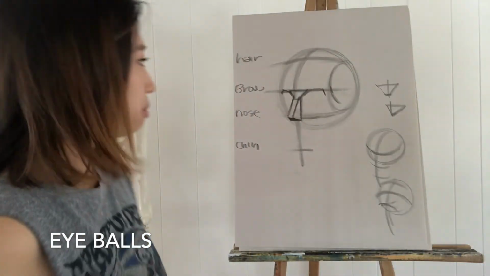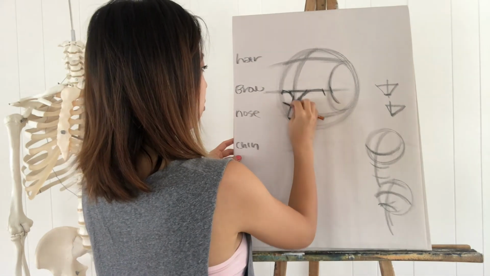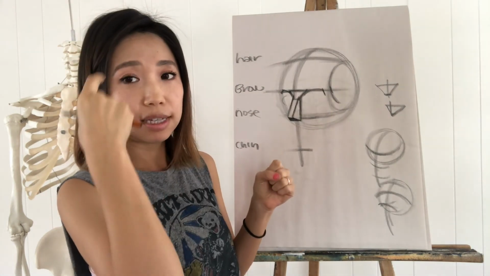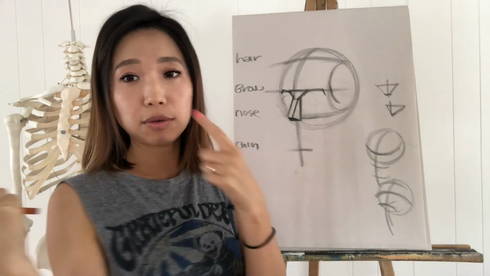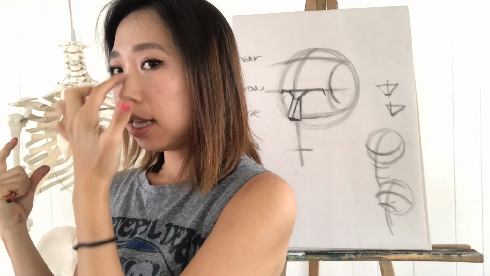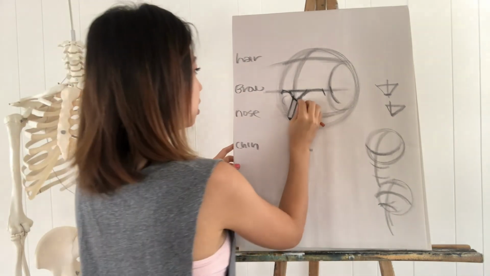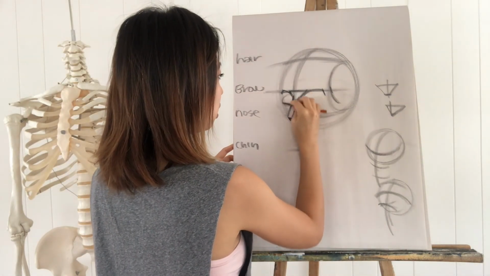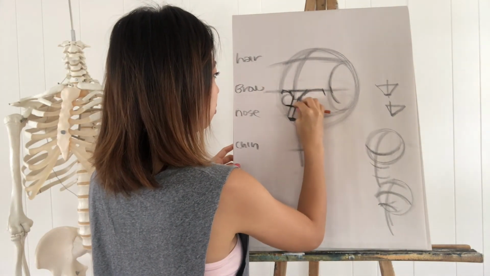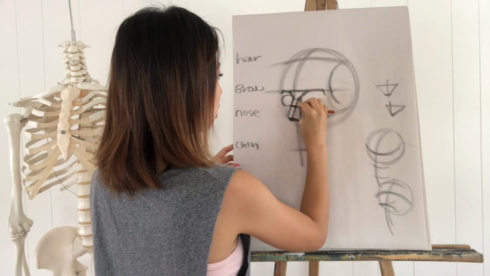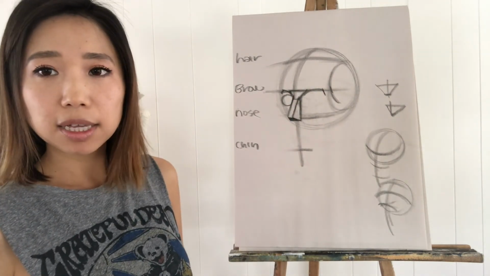And the eyeball. On this side of the eyeball, you wouldn't see the entire sphere. It's just because it's hidden behind this nasal bone right here. So you can just go ahead and do the ghosting, but not the entire sphere would be showing. It's gonna be sitting kind of like this.